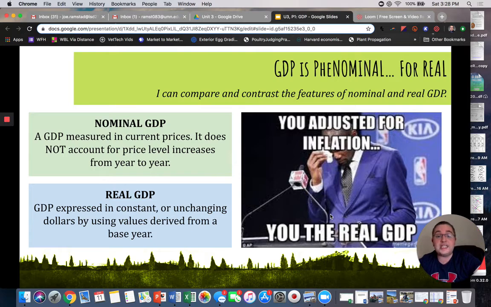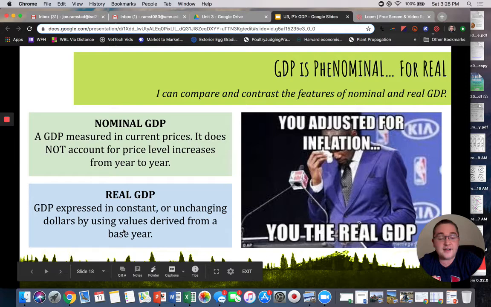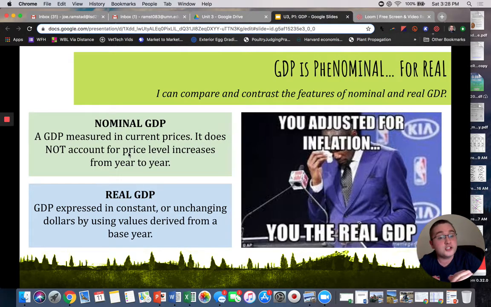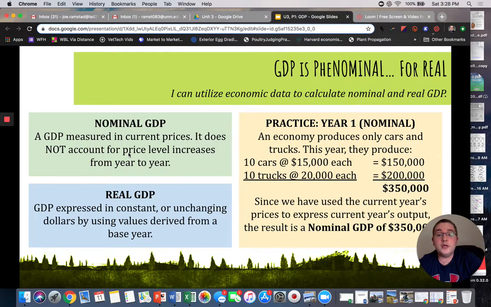So it takes into account inflation and the current setup of the economy because it uses values derived from the base year. Nominal GDP does not account for price level increases. Real GDP does.